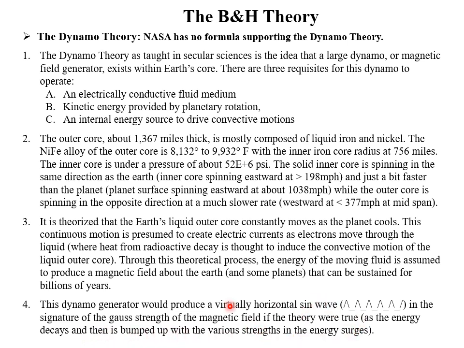Okay, so we do have the sine wave. You can definitely see the sine wave in this signature of the measured Gauss strength that we've been measuring for the past 186 years. So it does have this sine wave, but it is definitely not horizontal, which it needs to be for a 4.5 billion year old Earth.